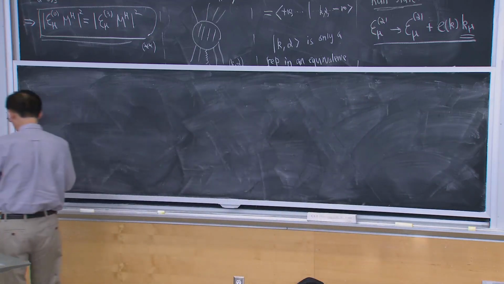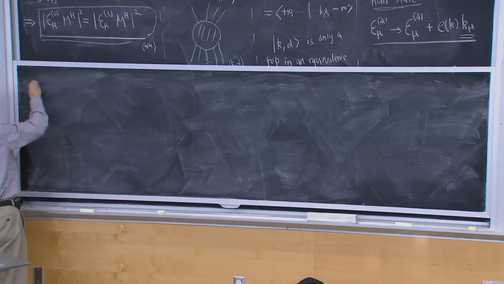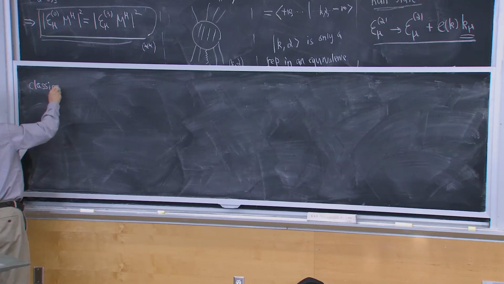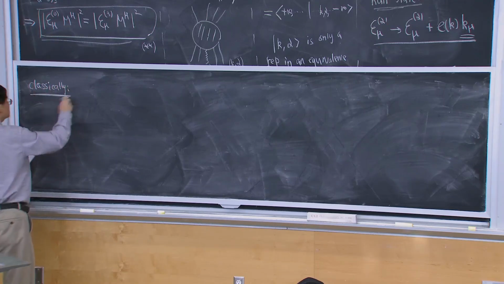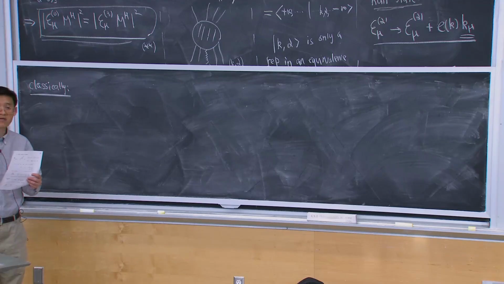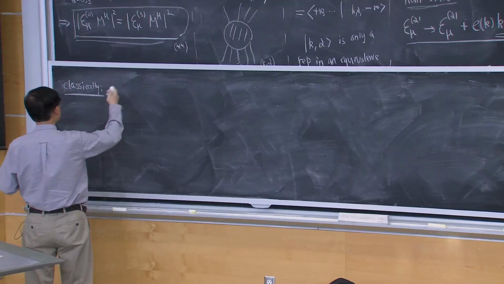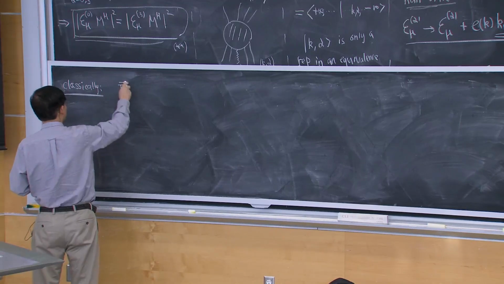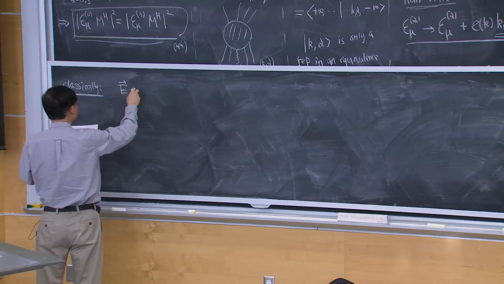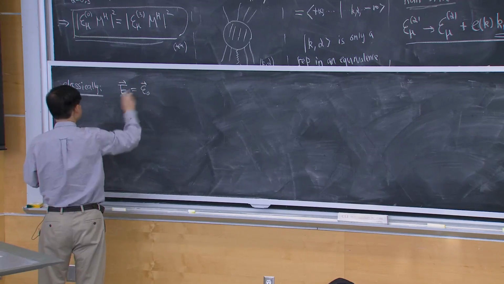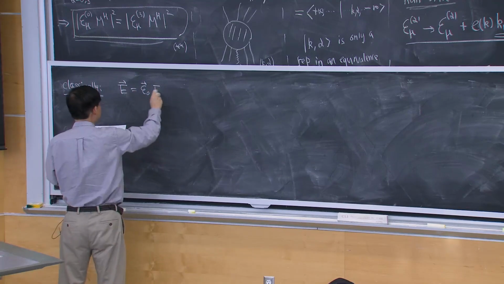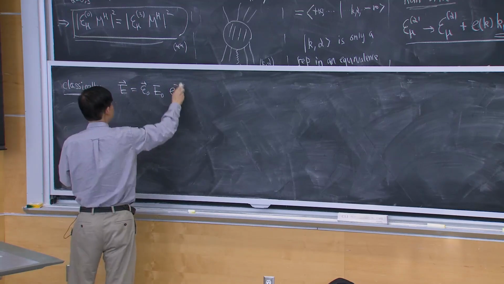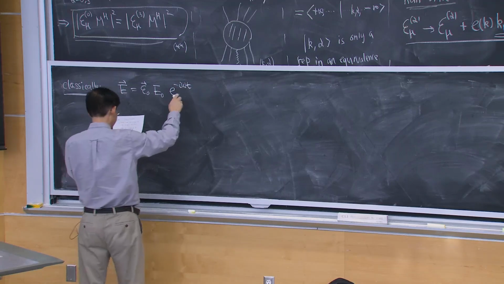In classical electrodynamics, light is believed to be a wave, an electromagnetic wave. So there is an electric field, say with a polarization and a magnitude, and it's a plane wave.